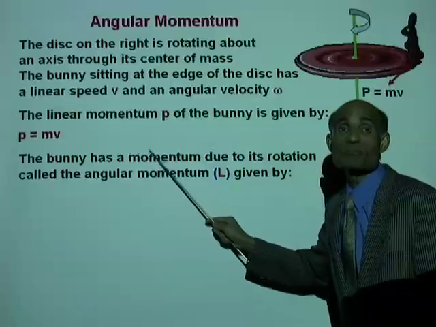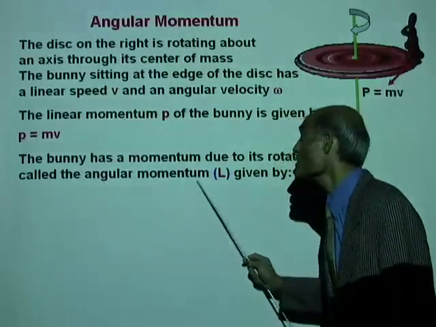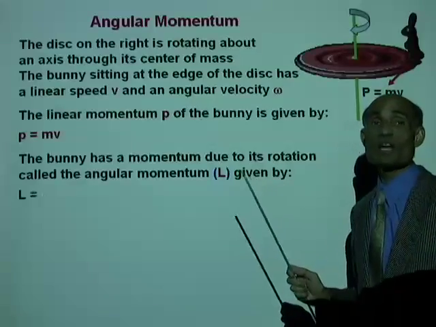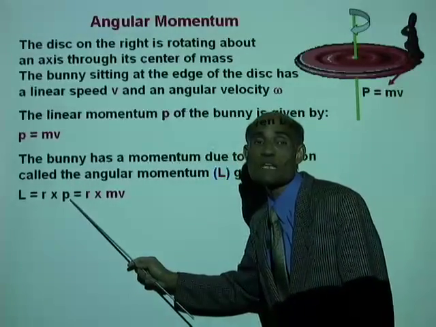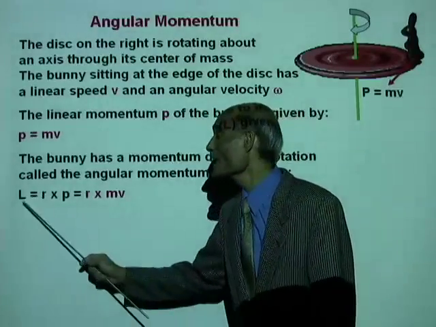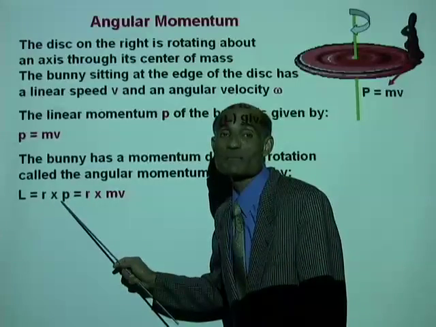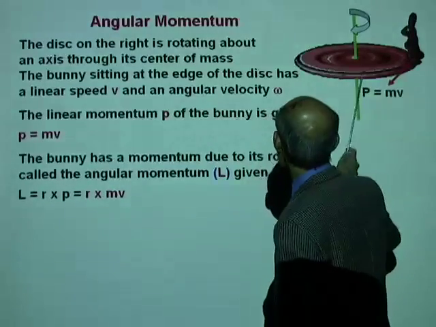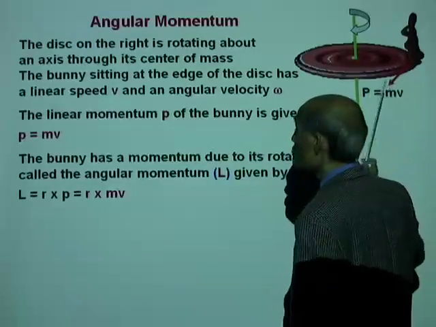The bunny has a momentum due to its rotation called the angular momentum, and the angular momentum is given by r times p. In fact, this is also a cross product. L equal to r cross p. Now, in this case, r is the radius and p is tangential.